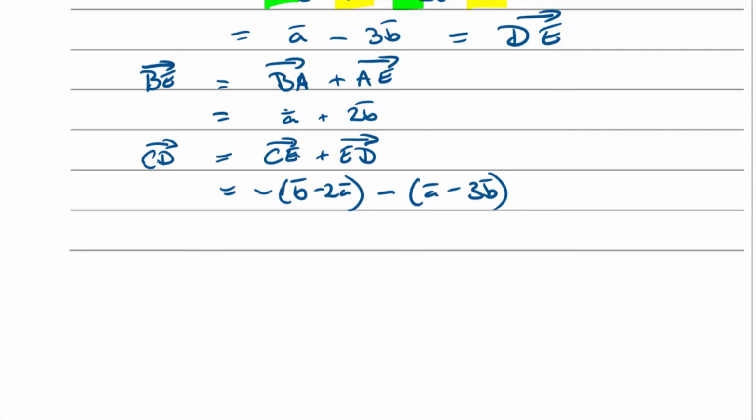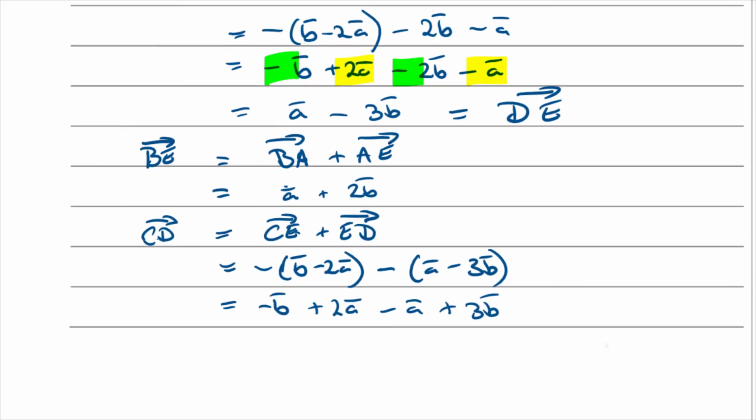Okay, and then we're dealing with all those negative signs. Minus B is just minus B. Minus negative 2A is plus 2A. Minus A is minus A. And minus 3B is plus 3B.